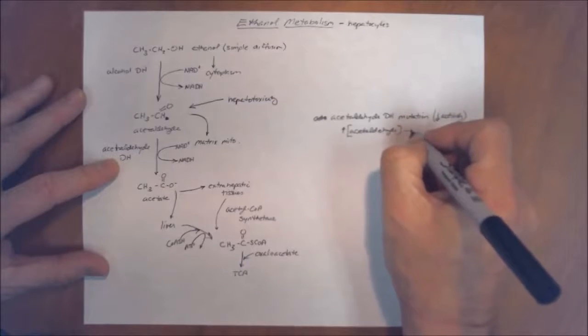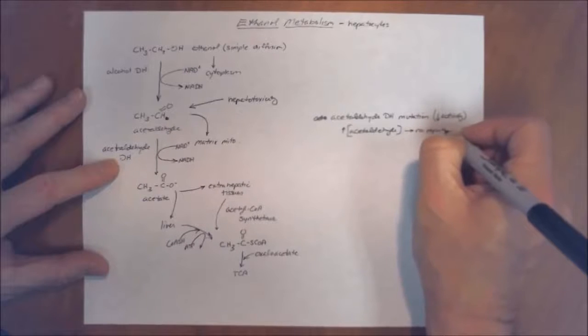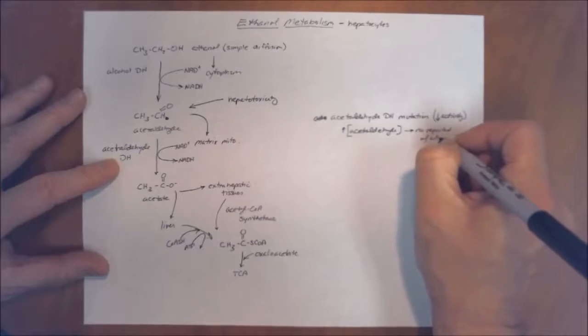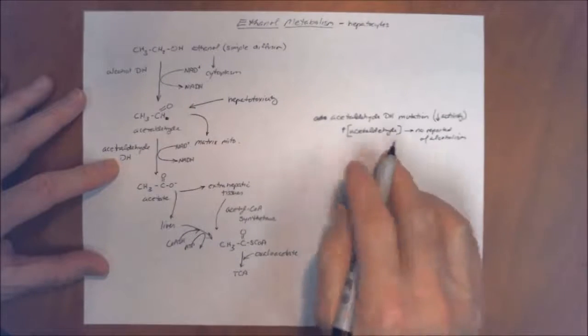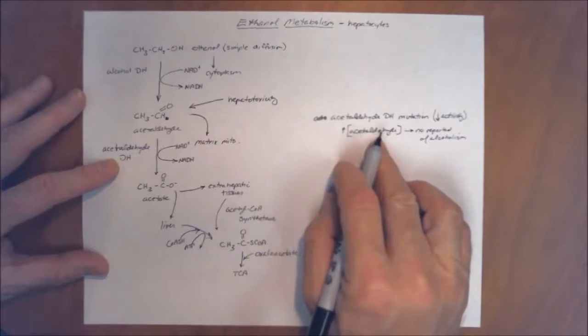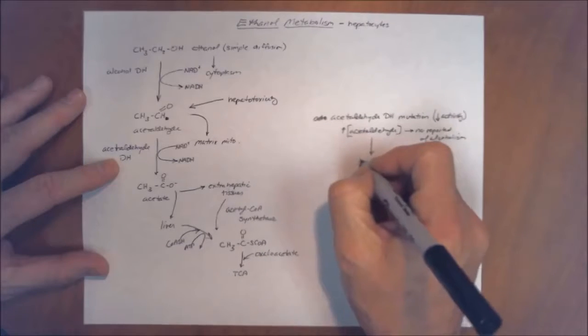Because of this, these individuals have no reported cases of alcoholism, for the simple fact that acetaldehyde is such a toxic chemical that this is the chemical that causes our hangovers.